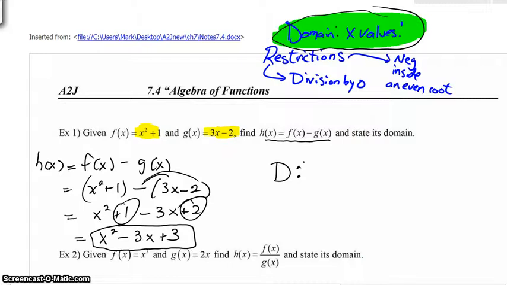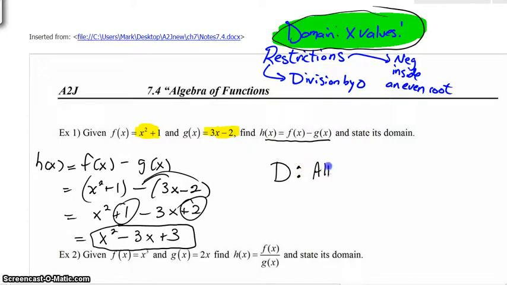Notice that for our domain, any x value would be allowed to be plugged in. You would never see a fraction which would indicate division. You don't have any roots at all, any radicals, so we don't have to worry about having negatives go inside even index roots.